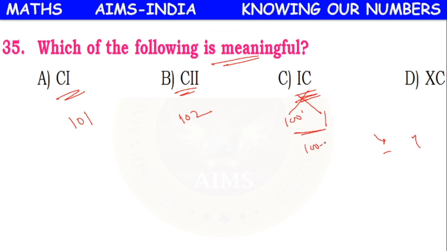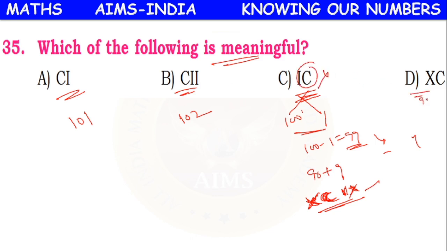So this is 100 minus 1, 99. But how to represent 99? We can write 90 plus 9. 90 is XC. 9 means IX. So XCIX stands for 99, not IC. So this is wrong. XC, 90, correct. So A, B, D are meaningful.